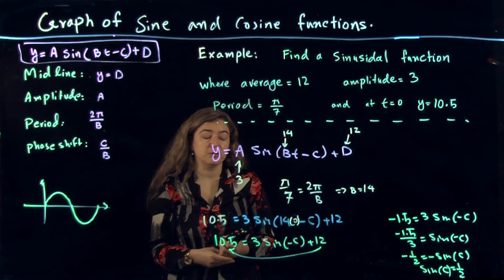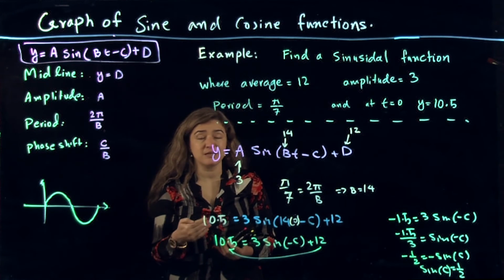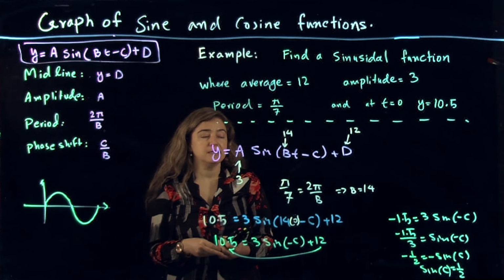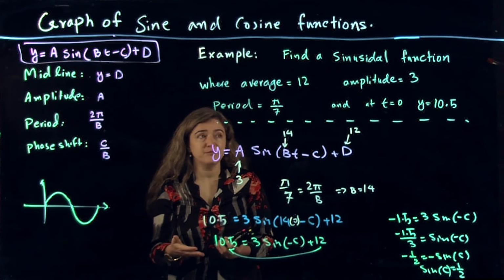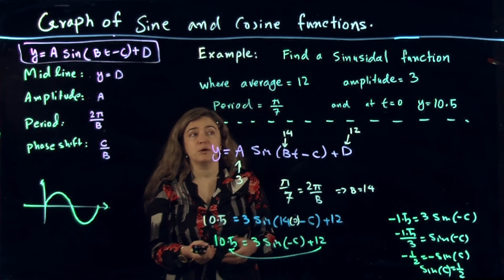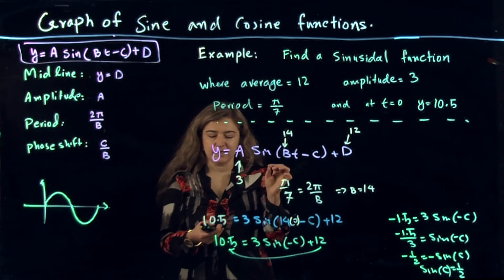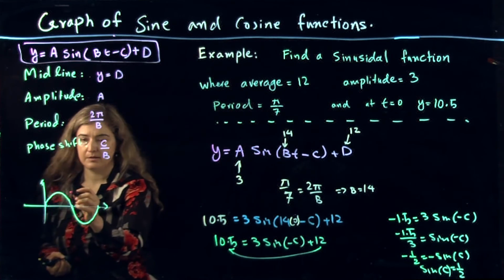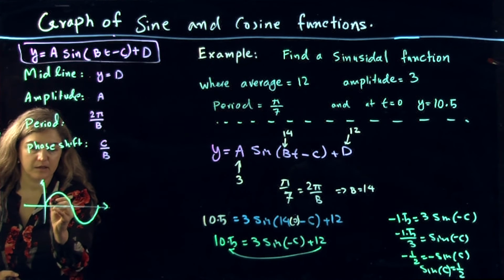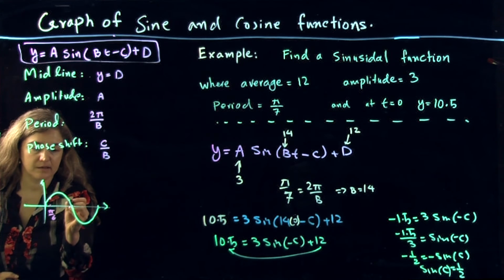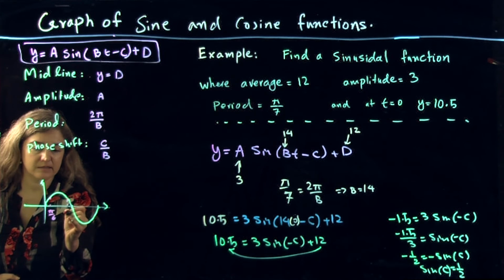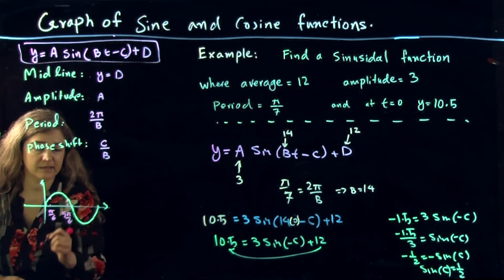Sine of C equal to 1/2. One of them is pi sixth. The next one would be 5 pi sixth, and so on and so forth. The only difference is, here's pi sixth, the next one is 5 pi sixth.